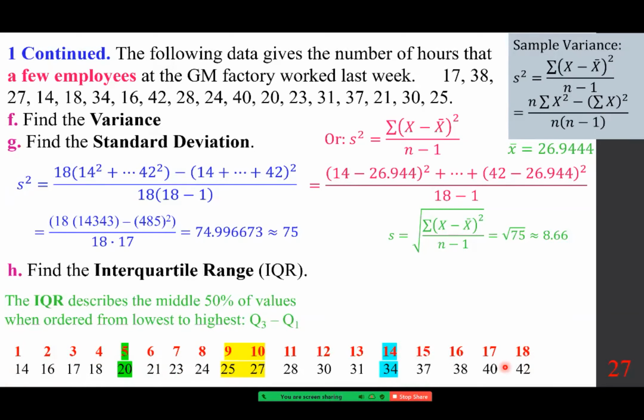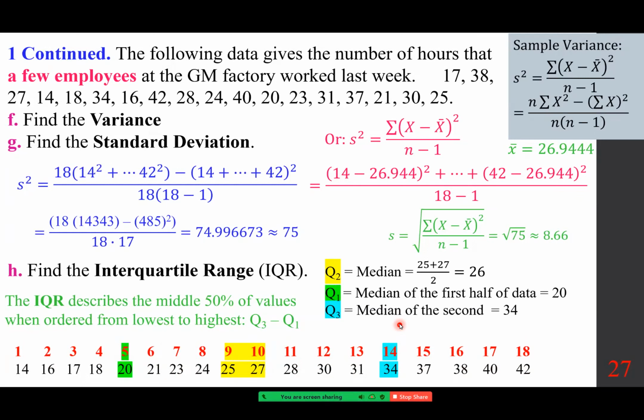Look at the top half, the median of the top half is Q sub 3. So again, this is the number here between 25 and 27.